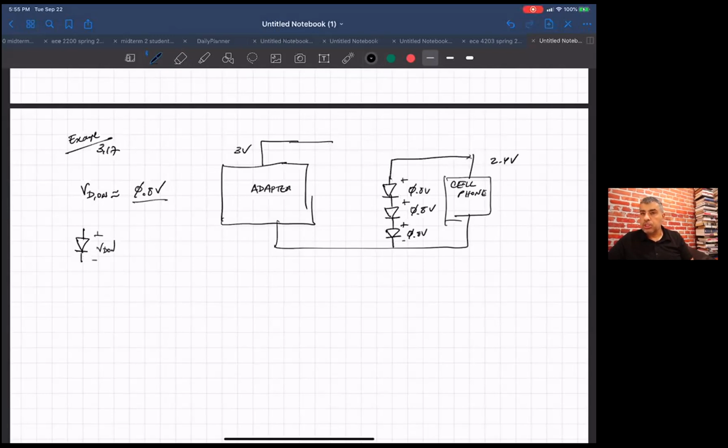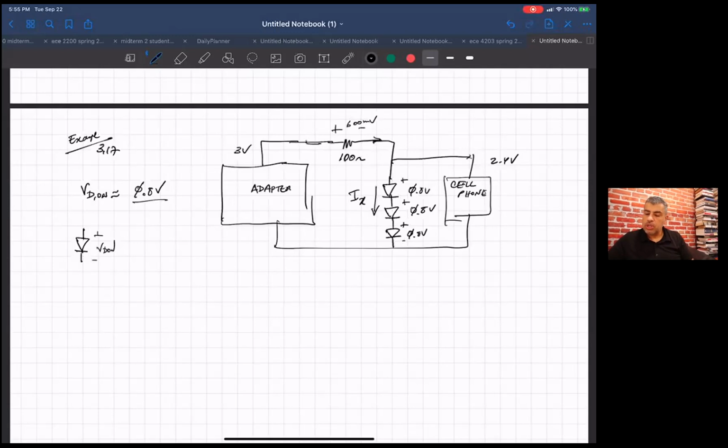But I also need a current for these diodes to be on. Let's call that I sub X, and I need to generate that. Plus, I need to go from 3 volts to 2.4 volts. So I'm just going to drop a 100 ohm resistor here to take up this difference.